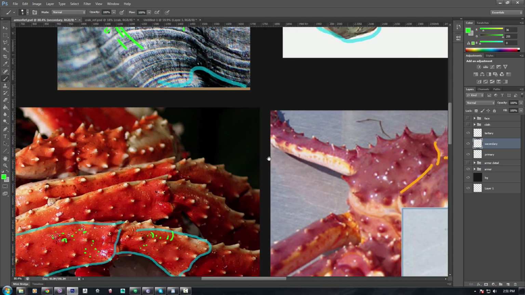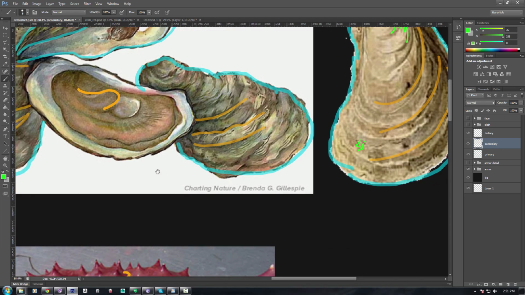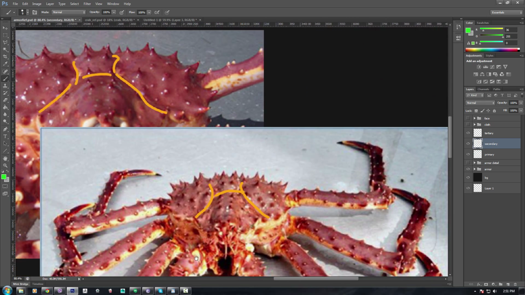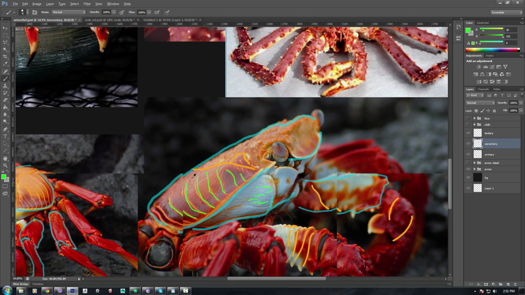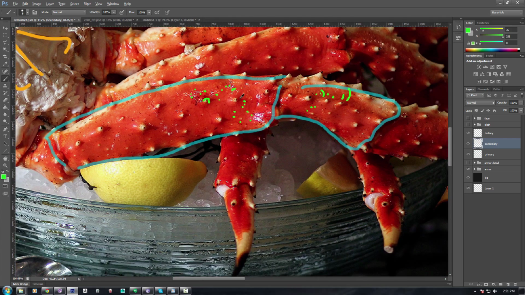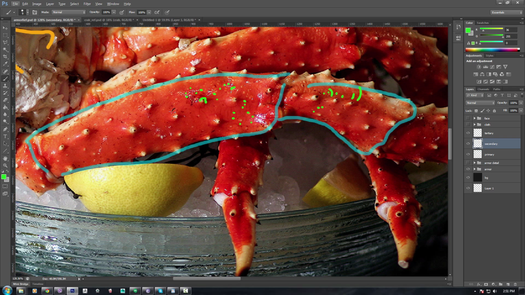So in CG, it's really important to have finer detail, which breaks down the highlights on the objects. In this, you can see how the specular is almost broken down into small dots.